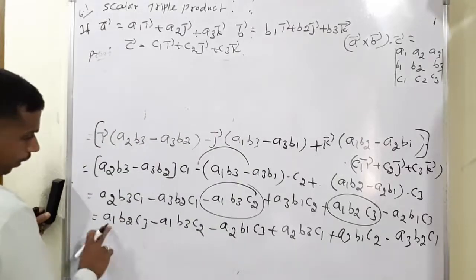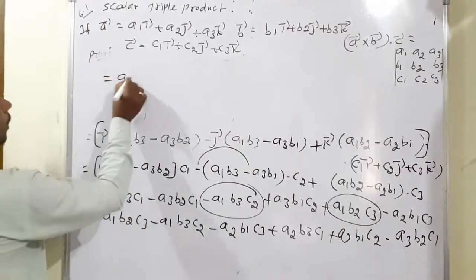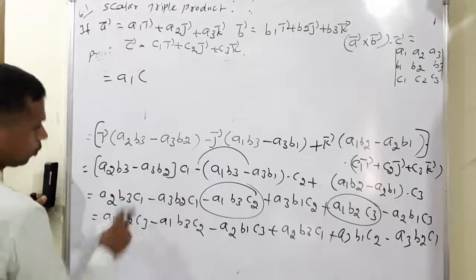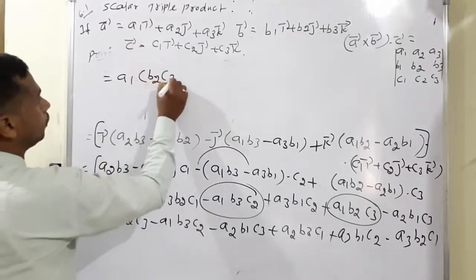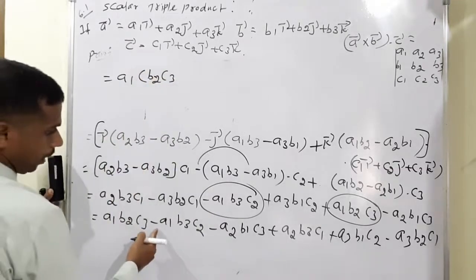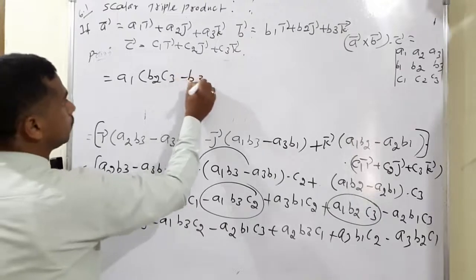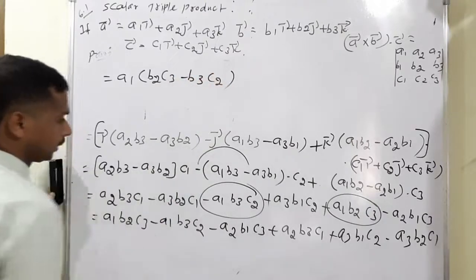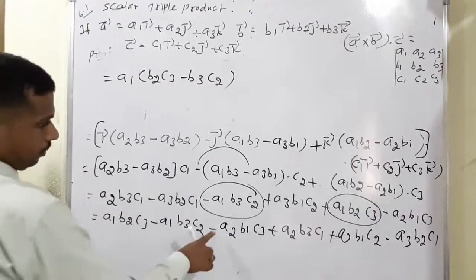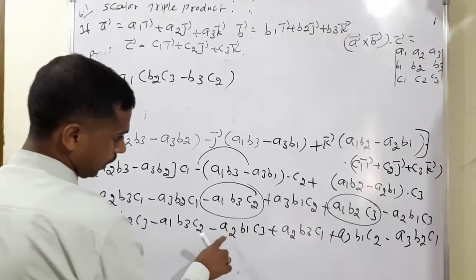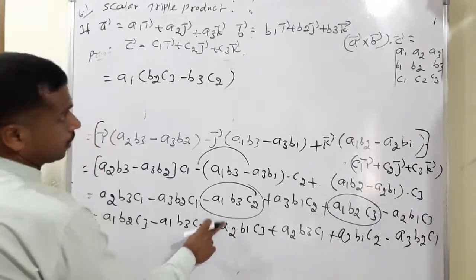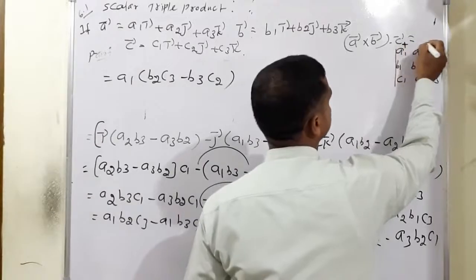The first two terms, A1 take common outside, remaining B2 C3, then minus B3 C2. The next condition, so minus, isn't it? Because starting with the plus minus, isn't it?